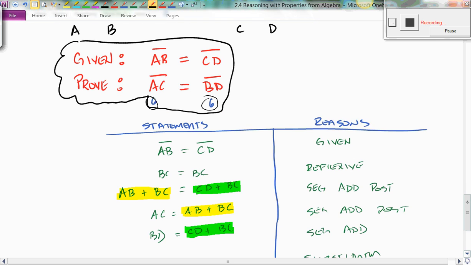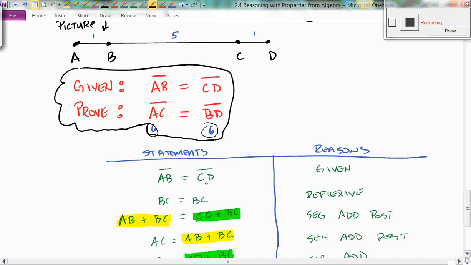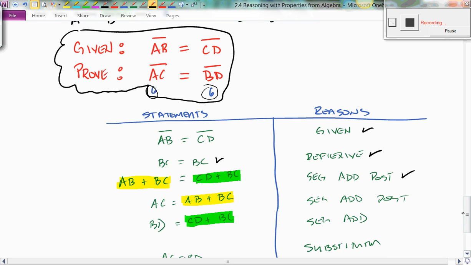So we start off by saying, okay, AB is equal to CD. That was given to us. BC is equal to BC, and that's the reflexive property. And then we said, well, we know that AB plus BC is the same thing as CD plus BC, and that's the segment addition postulate.